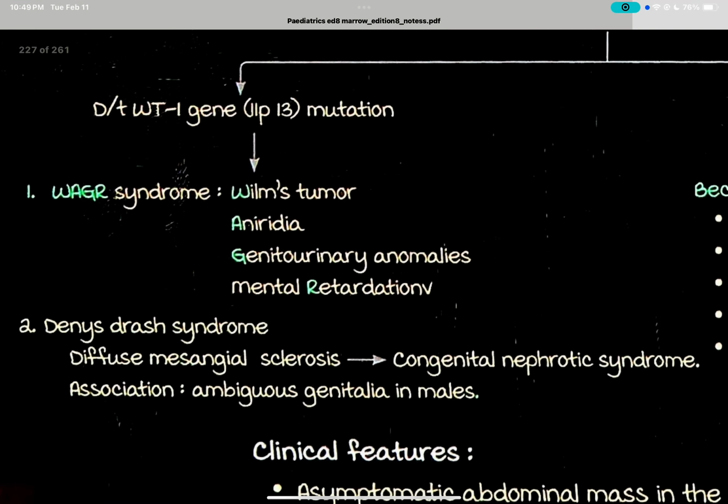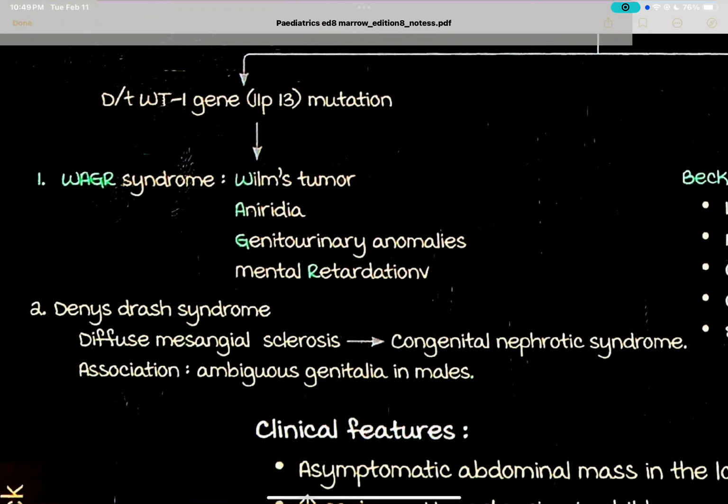It is Wilms tumor and iridia, genitourinary anomalies and mental retardation, which is associated with Wilms tumor type 1, 2p13 mutation.